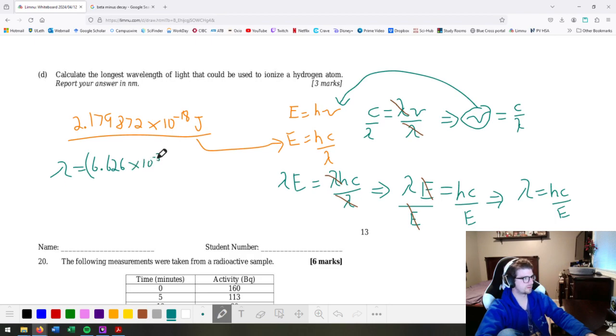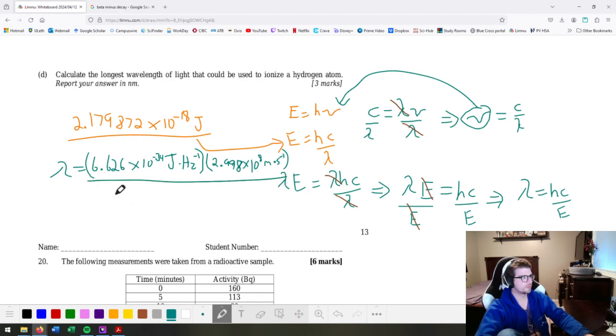10 to the minus 34 joules times hertz to the minus 1, so joules per hertz if you prefer, multiplied by the speed of light in a vacuum, of course, 2.997, fine, whatever, times 10 to the 8 meters times seconds to the minus 1, which is the same as saying meters per second.